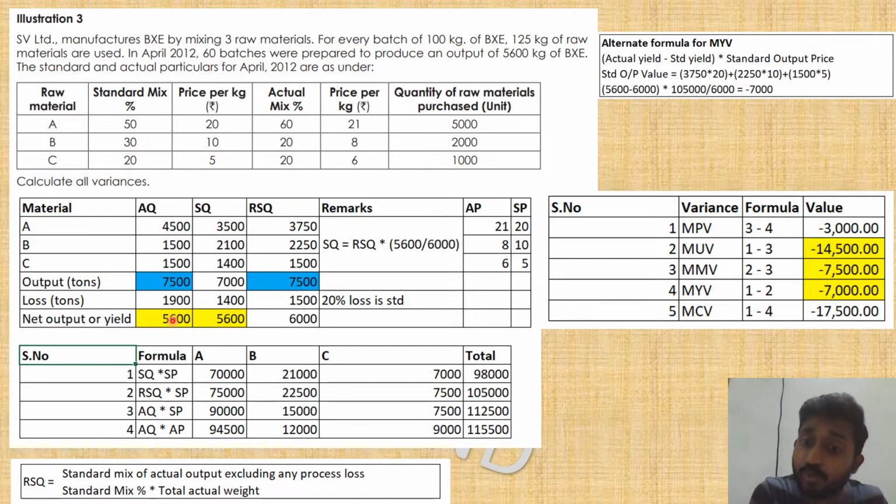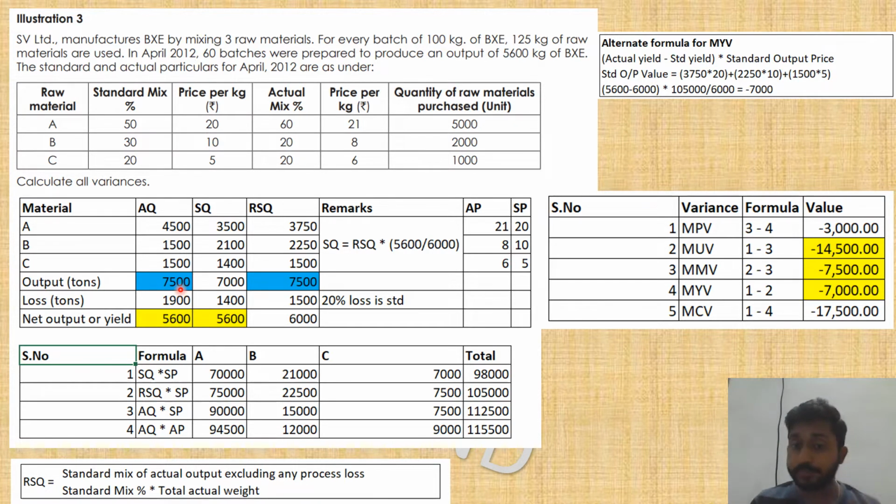Now for this 5600 output, whatever is the standard input required is called standard quantity. For actual quantity and standard quantity, the net output, the final output after losses, will be the same. If you exclude the losses, for actual quantity and revised standard quantity, the output will be the same.